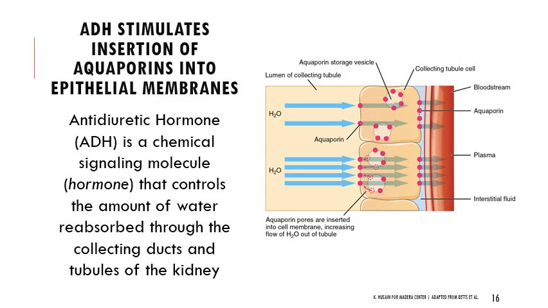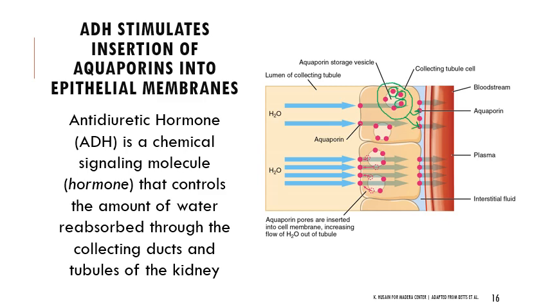So the way that it does this is by stimulating insertion of aquaporins into epithelial membranes. ADH binds to principal cells, it sends the signal, and we can see over here that there's vesicles within the collecting tube cells. These have aquaporins stored in them. So these little pink circles are the aquaporins. And when ADH binds and sends the signal, the aquaporins are inserted into the plasma membrane of these cells.